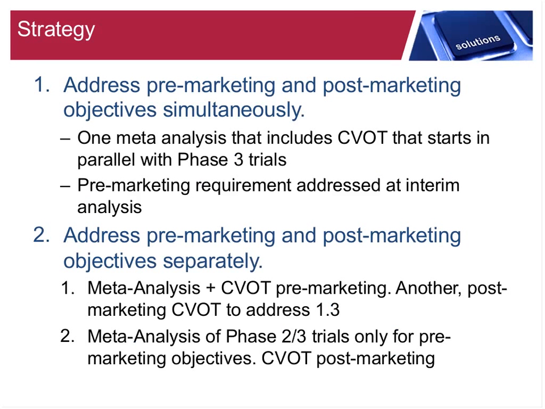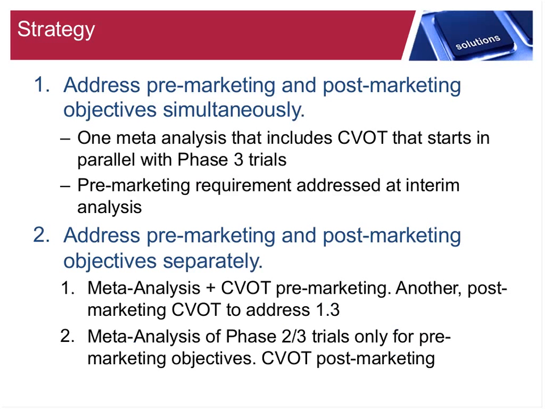So when it comes to strategy, I will present two general approaches. One is to address the pre-marketing and post-marketing objectives simultaneously, and I will address that one as the default because it's the most efficient approach.